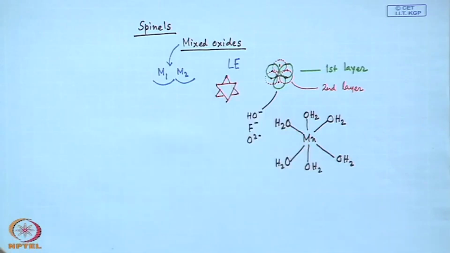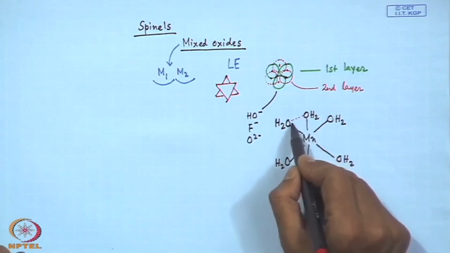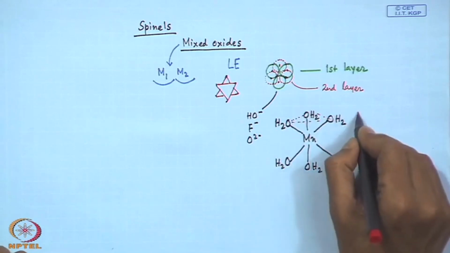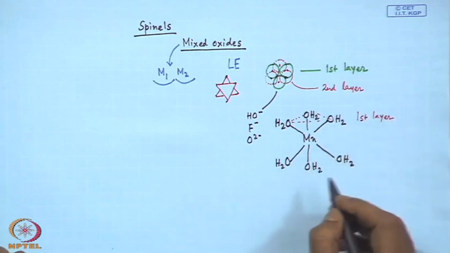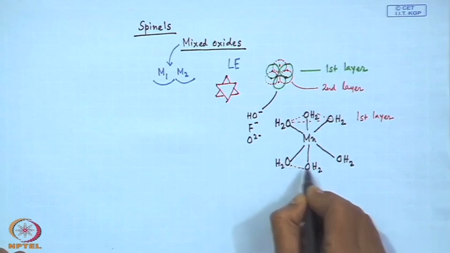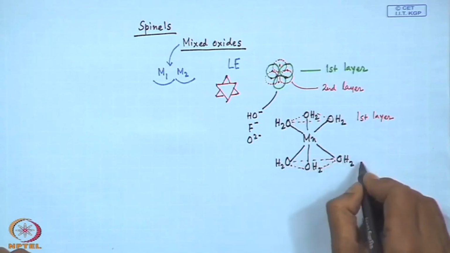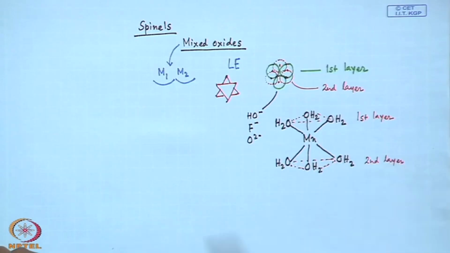So, here what we see is that these 3 are in one layer, that means the first layer, and these 3 are forming another layer, which is our second layer.